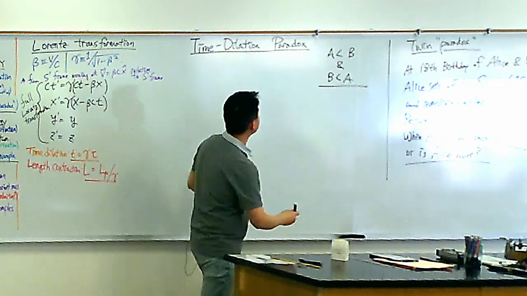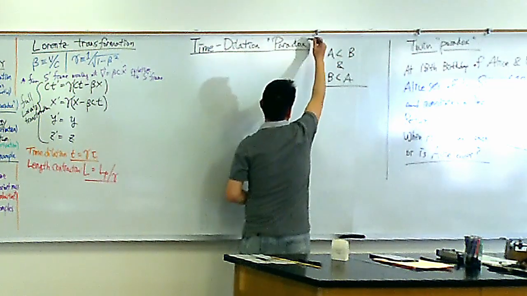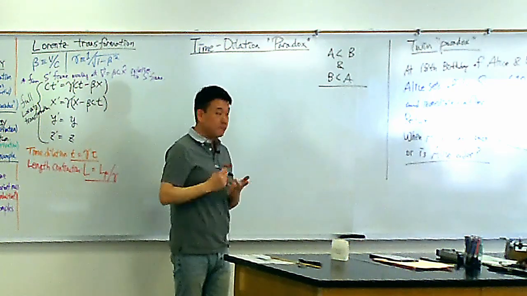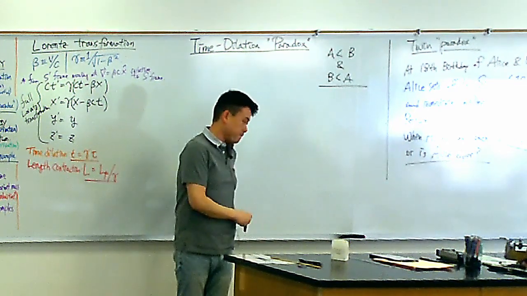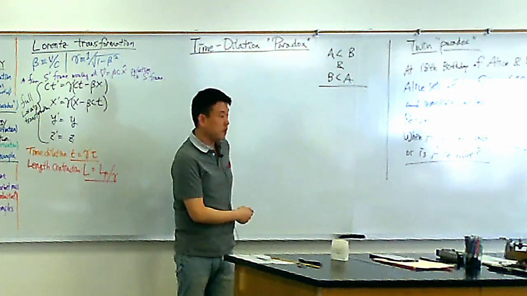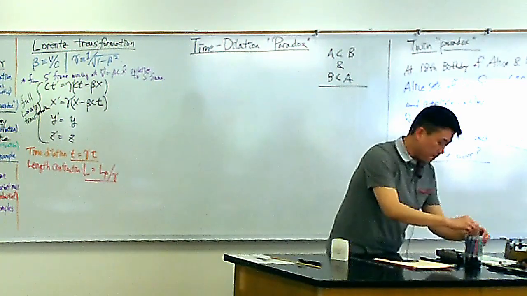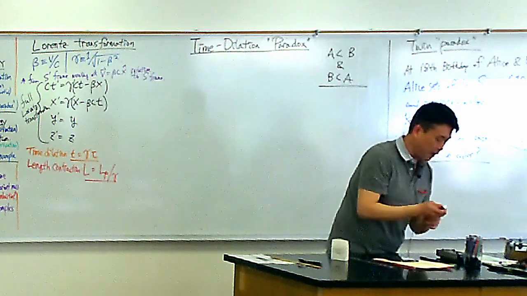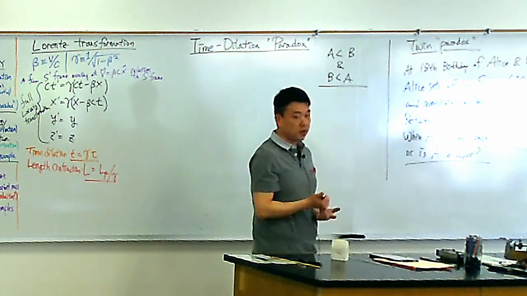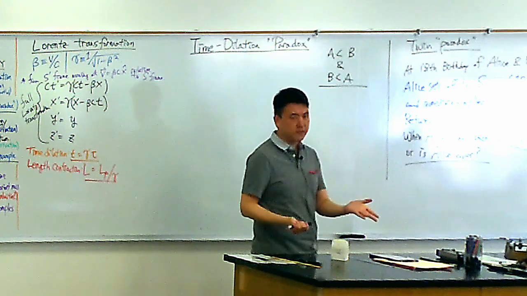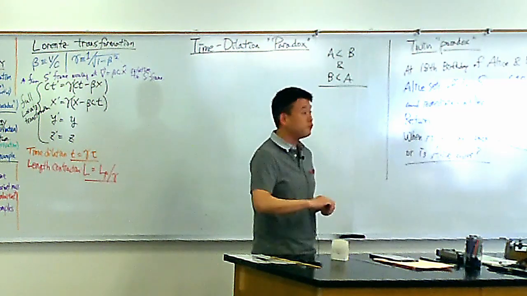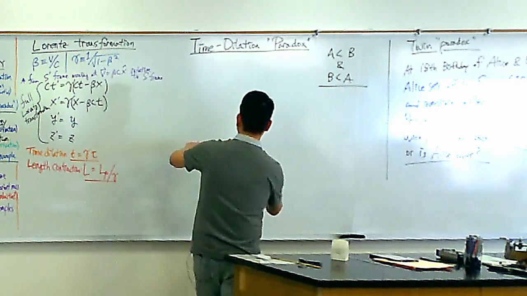What I will tell you is that this is the quote-unquote paradox, because this seeming contradiction is only a result of your flawed intuition. So let me show you mathematically what this comparing of two clocks looks like. This is really difficult to explain in words, so this is where a space-time diagram really helps. So let me do that.